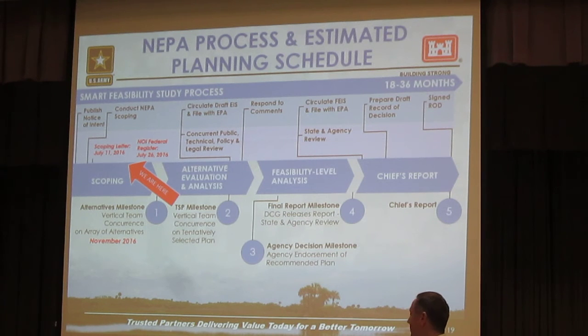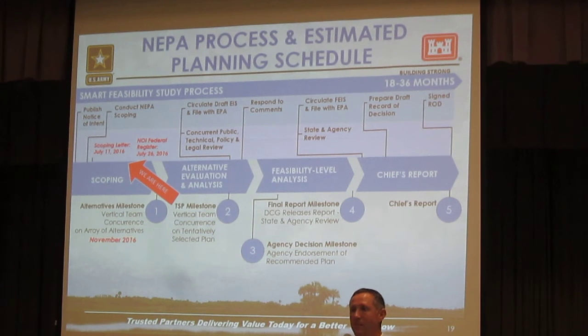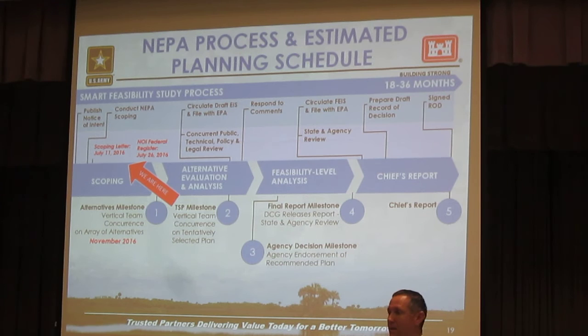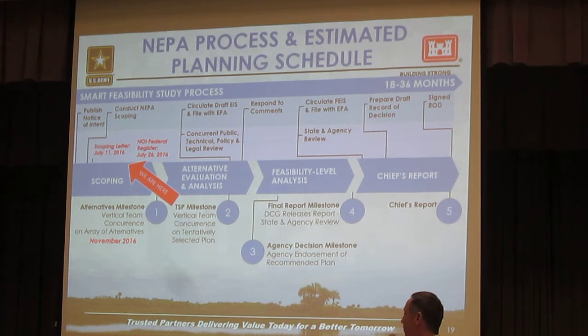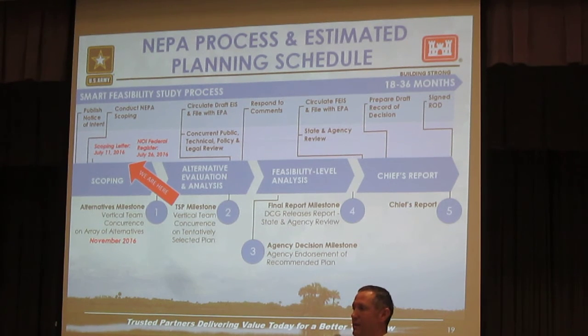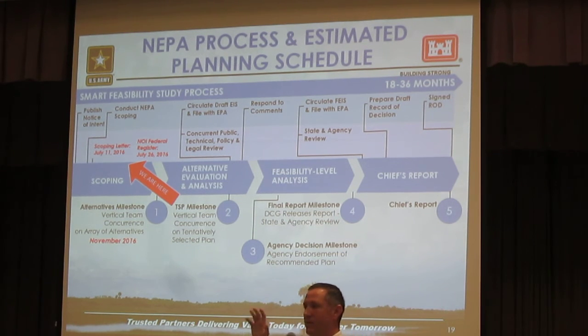And we consider what changes we need to make to avoid, minimize, or mitigate some of those unavoidable impacts. And it gets put into ultimately a final plan that comes out in the decision 4 here, the final report milestone. We have a final EIS, environmental impact statement, that gets released. And ultimately, in the end, there's a final record of decision on that project after a final state agency review.